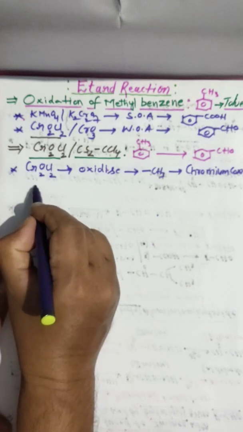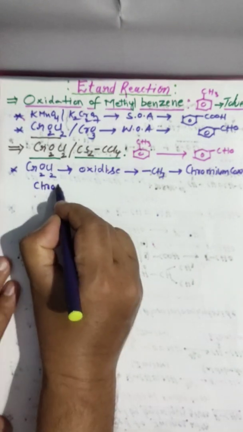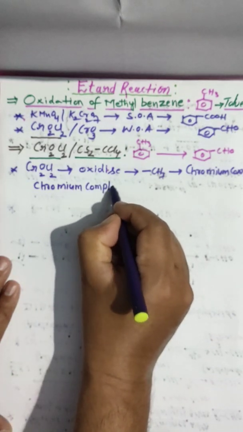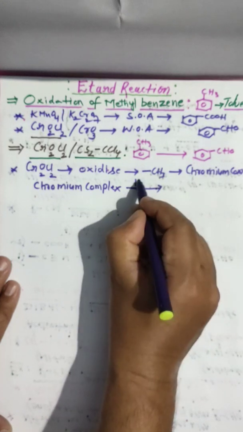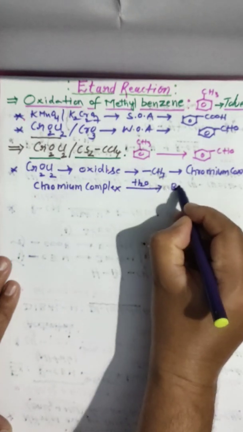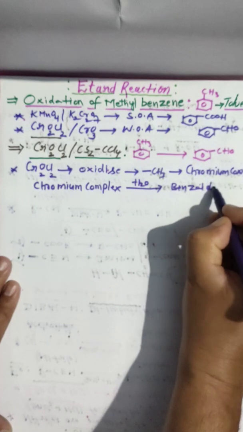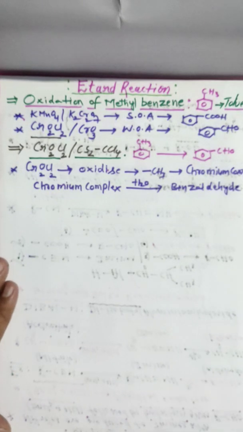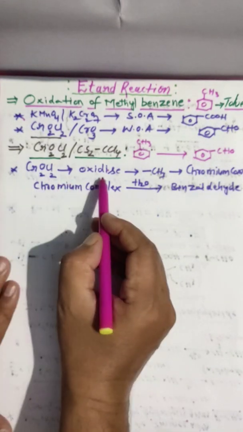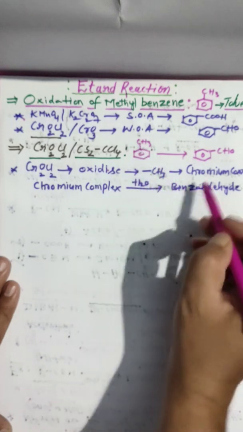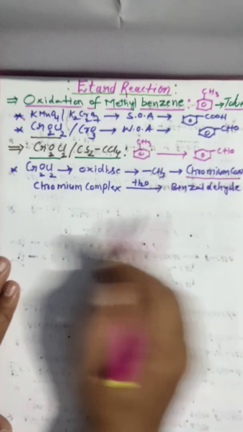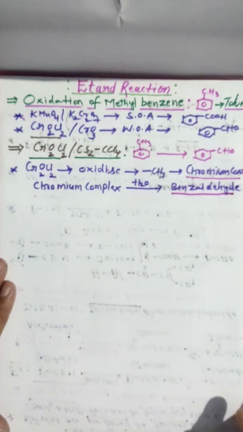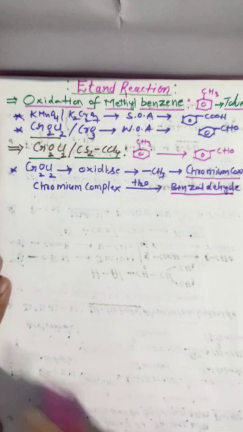This chromium complex is further subjected to hydrolysis and gives benzaldehyde. Clear? Chromyl chloride oxidizes the methyl group of toluene to a chromic complex, which on hydrolysis gives benzaldehyde. This is the process.